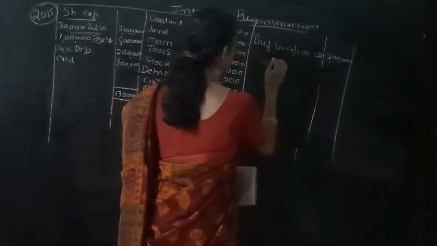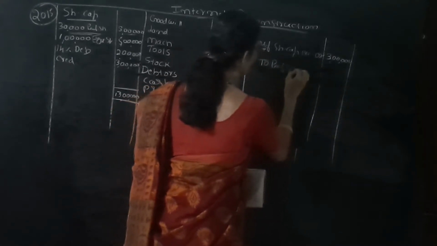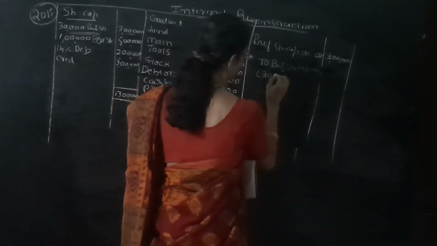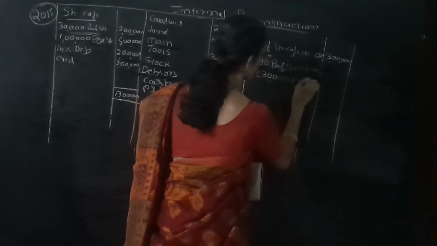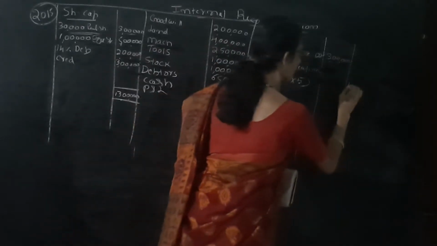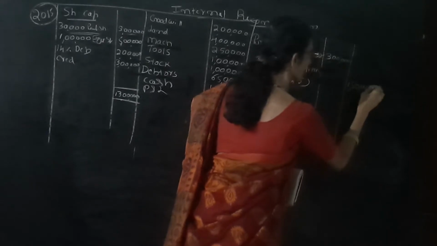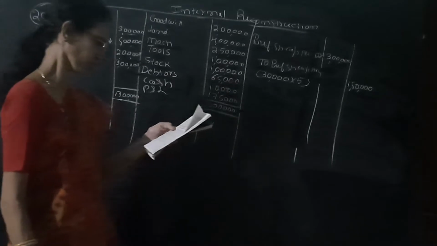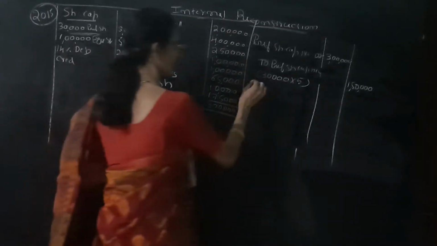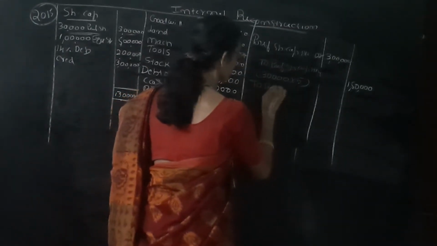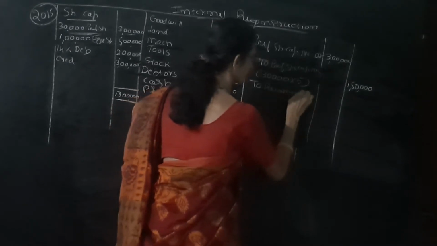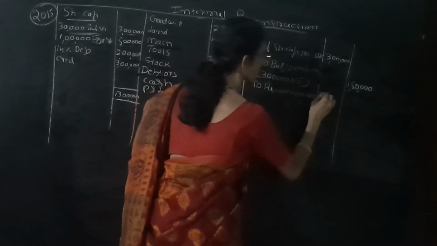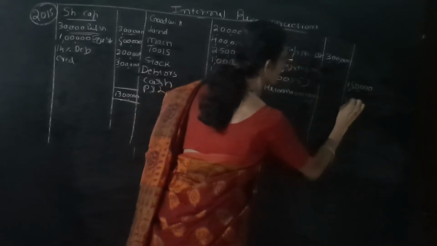Now there are 30,000 preference shares and the face value is 5 rupees. That means 1,50,000. And the remaining should be transferred to the reconstruction account. So this is the journal entry: 1,50,000.